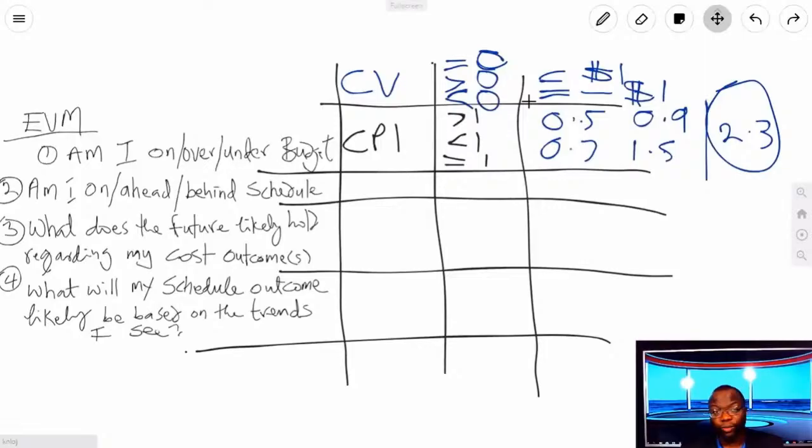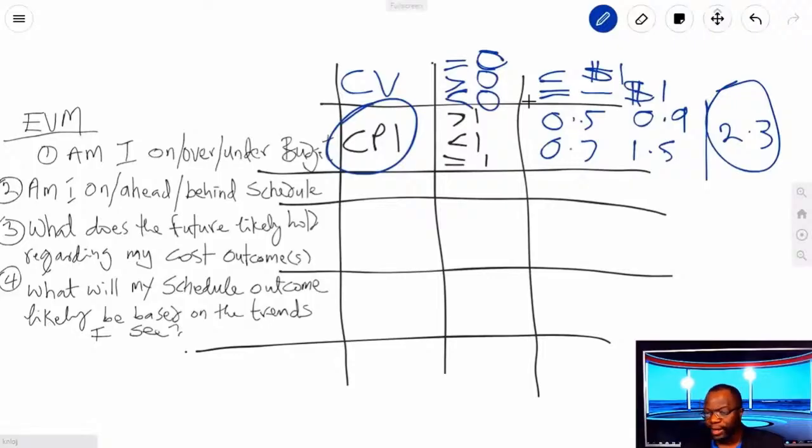And you might be like, wow, we got $1 extra on a $3 project, that's great. But if someone says it's a $100 project and you've got a $1 positive variance, it's good, but it's not that good. So the question is usually, how good am I? And in order to know how good you are, it's always better to look at the cost performance index. You would favor the CPI. It's more conclusive compared to the CV.